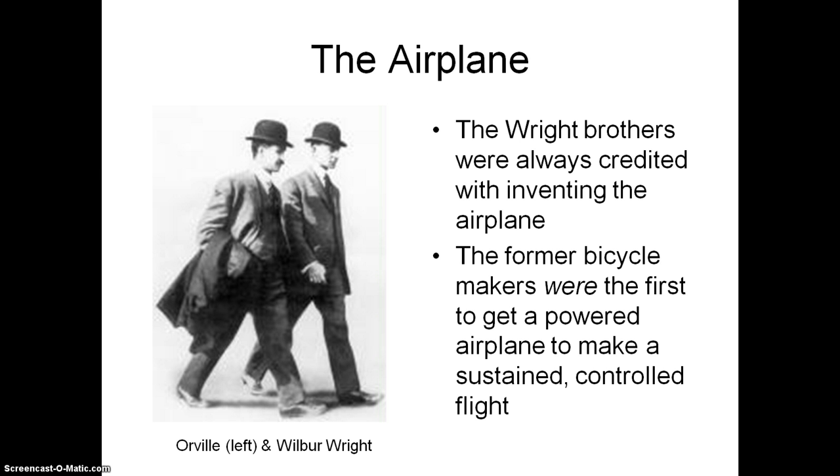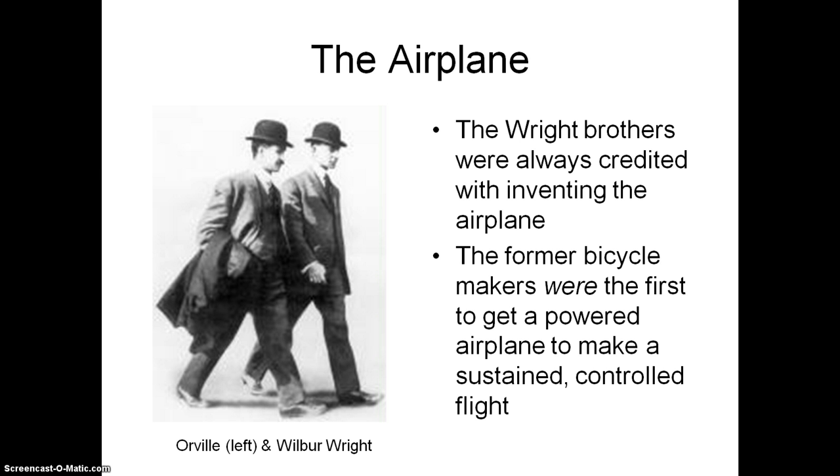So what the Wright brothers did is they were bicycle makers, right? And back in the time when people used bicycles because they couldn't afford a car and they were a lot easier than horses, right? And that's what they used to get around. And Orville and Wilbur looked at this and they took some of the technology that they used on their bicycles and sort of transferred some of those concepts and some of what worked there into their airplane.